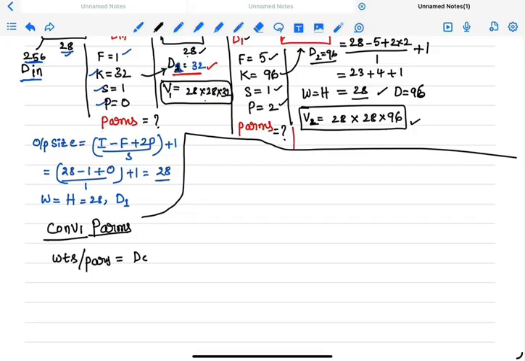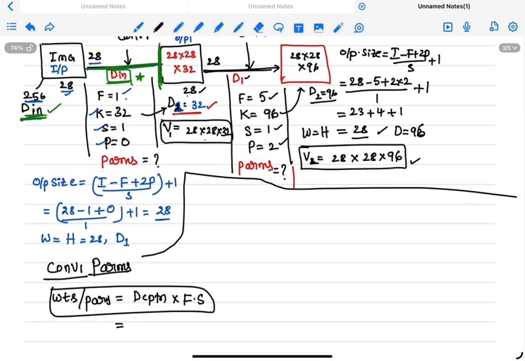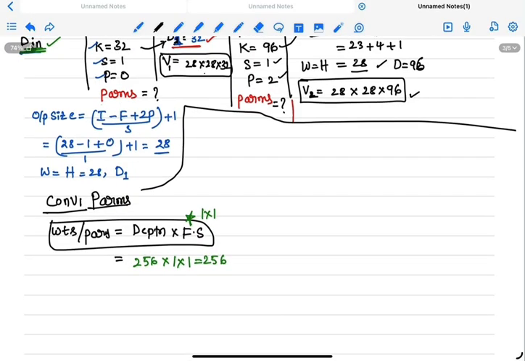So depth times filter size, right? Filter size fs. Convolution layer depth is d, the input depth up to this layer. This is the input depth, and the filter size is 1 cross 1. Please remember the filter size is 1 cross 1, not 1. So that is 256 times 1 cross 1, that is total 256 weights.